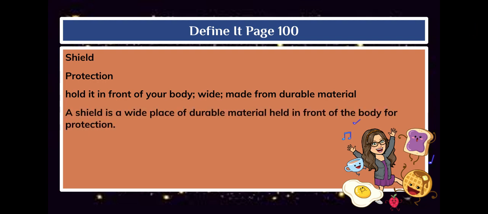A shield is a wide piece of durable material held in front of the body for protection. Now you're going to complete the define it for battle, square, and God with your partner.